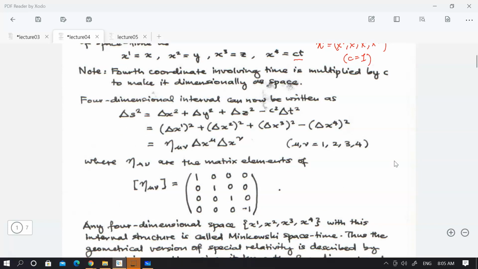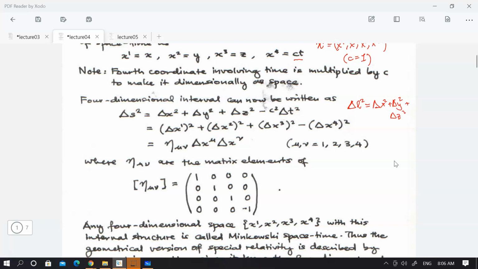Okay, so we have gone through this part. This part is just saying that in special relativity, we consider a 4-dimensional interval. So this is the length squared, just like you have the length squared in Euclidean geometry. It's given by delta x squared plus delta y squared plus delta z squared.